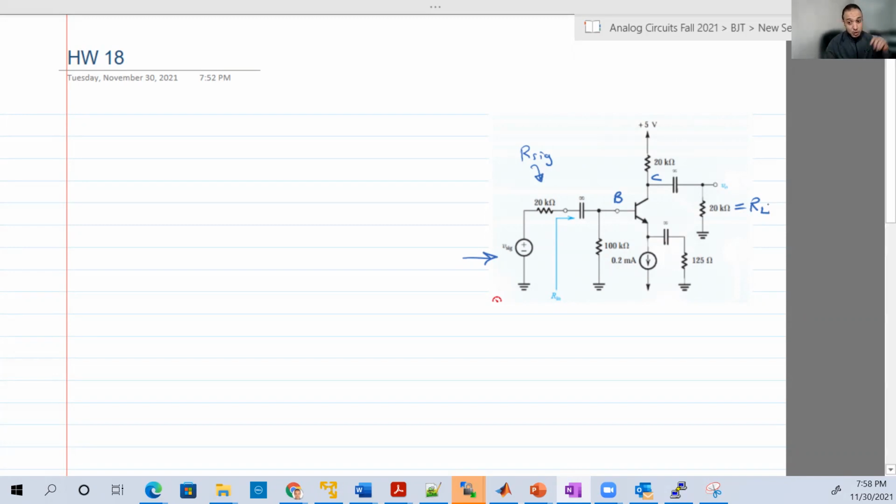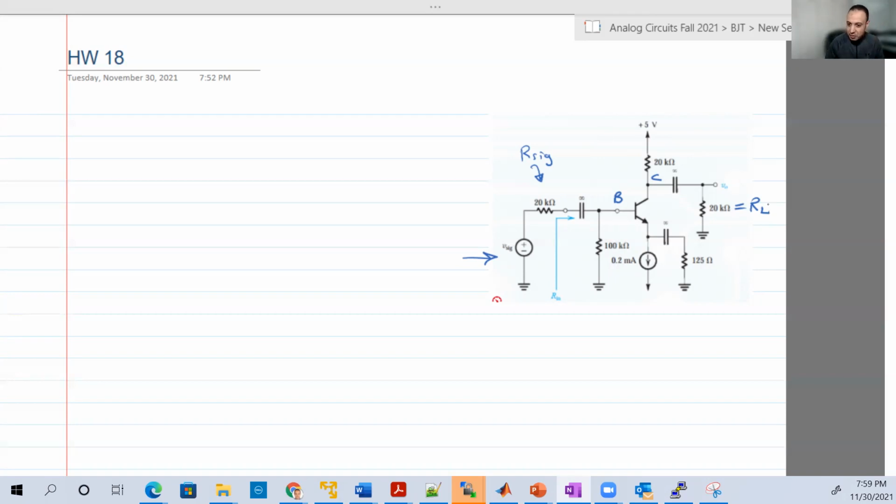But this current source is not a current source in the sense of equipment in the lab, like a voltage source that can be converted to a current source. It's not this big device. This current source is basically another circuit which has also a transistor that can be modeled as a current source, but this is beyond the scope of this course.